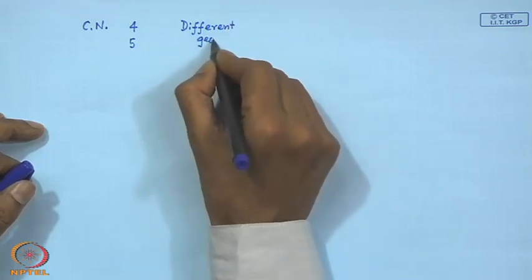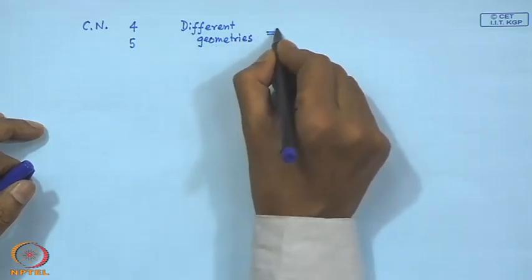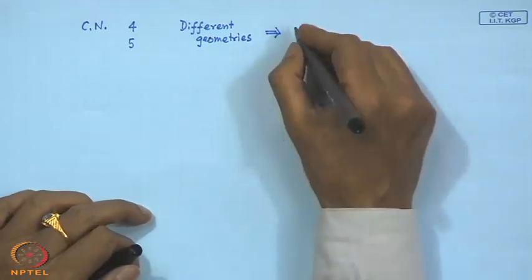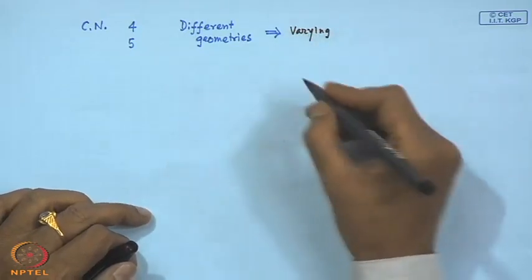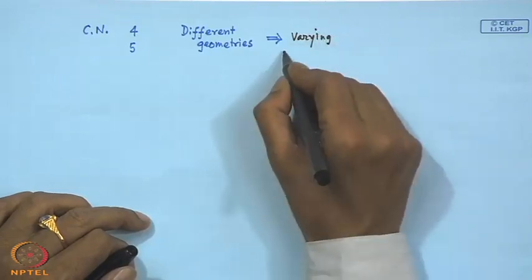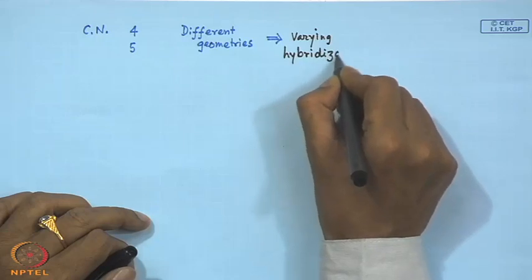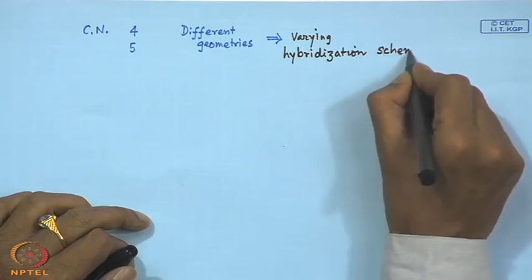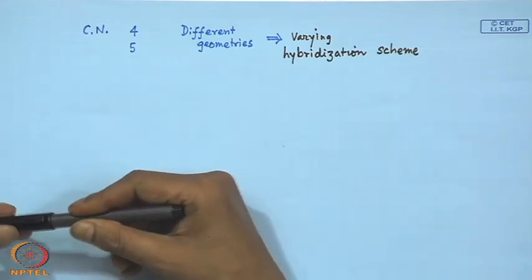So, as we have different geometries, we must have a varying hybridization scheme to accommodate the different number of ligands around the metal center.